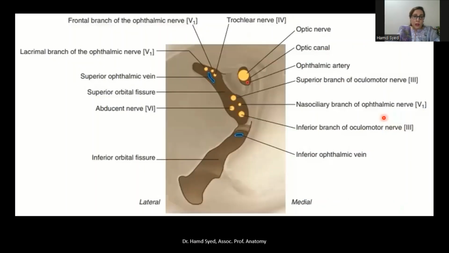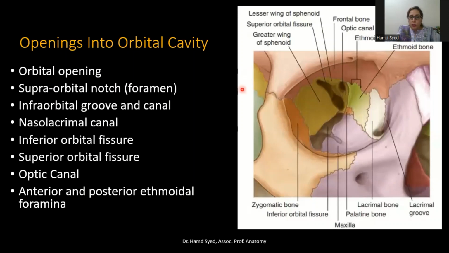So here is the diagram, which is showing us the superior and inferior orbital fissures, and over here the optic canal. Keep this in mind, it will be easier to remember that the superior and inferior orbital fissures form an angulated opening which is open laterally.